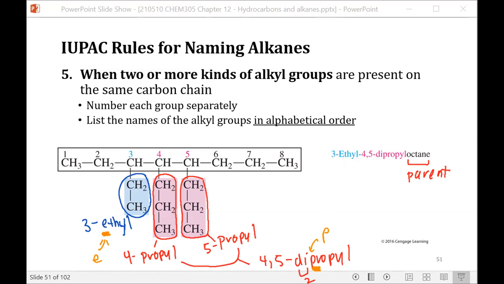Our ethyl group is going to be listed first in the name, 3-ethyl. Then you put a dash because we're going from a letter to a number. And we put our next part of our name, 4,5-dipropyl. That's it. We've named all of our substituent groups. And then we list the parent chain, octane. So you'd say this molecule is 3-ethyl-4,5-dipropyloctane.